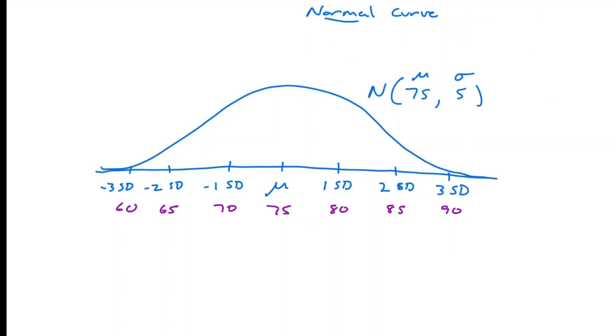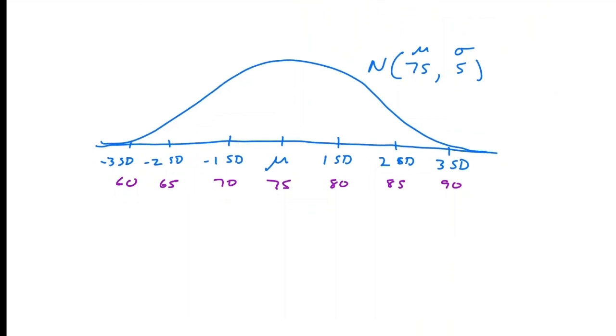Why is all this important? What's the point of all of this? Well, the point is that if you have a normal data set, if you've got a curve like this, we know that generally speaking, about 68% of your data is going to lie between -1 and 1 standard deviation. In other words, 68% of your data is going to be within 1 standard deviation on either side of that mean.